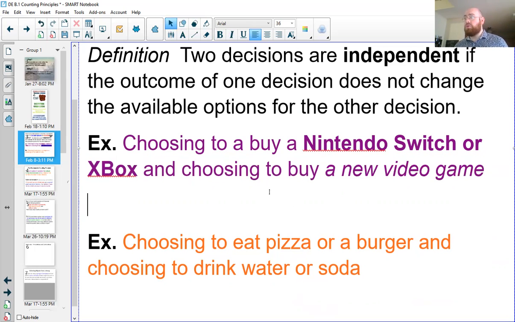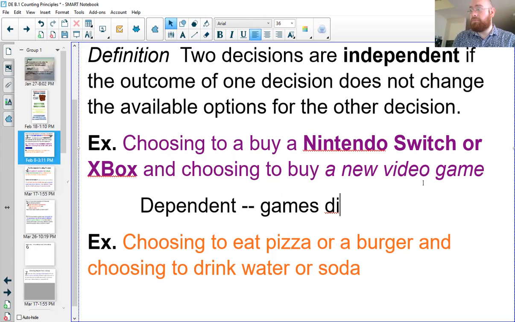And so these two decisions are dependent because the games differ by console. If I want to buy a Mario game, for example, I need to go with a Nintendo Switch. But if I wanted to play Ori, I could play it on Nintendo Switch or Xbox. Same with Cuphead.